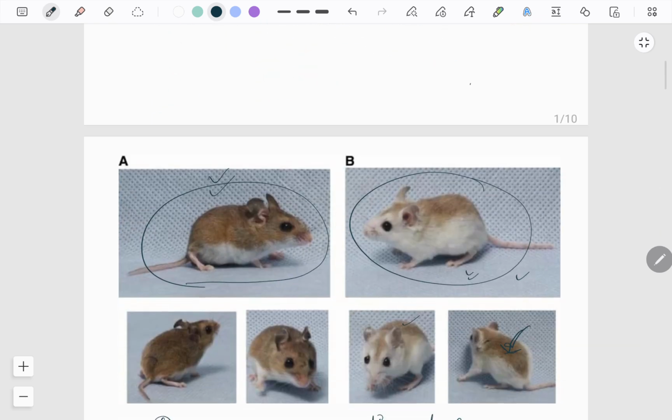And same inland mouse. You can see the coat colors are totally different. You can see too much brown color here in the inland mouse on the dorsal side, and the ventral belly is a little white. But the opposite is here. In beach mouse, the belly is mostly white, and the coloration has shifted upwards, and the light and the dark color is a little on the dorsal side.